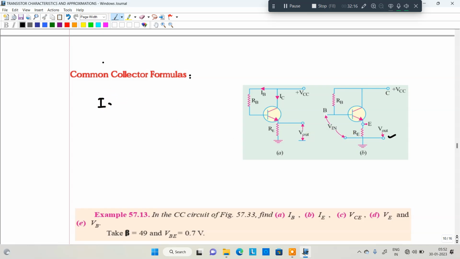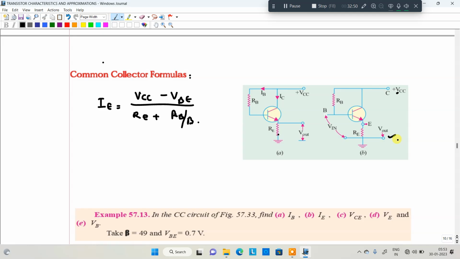The emitter current IE is equal to VCC minus VBE, the base to emitter voltage, divided by RE plus the base resistance referred to the emitter, that is RB divided by beta. This is the formula for IE, the emitter current.